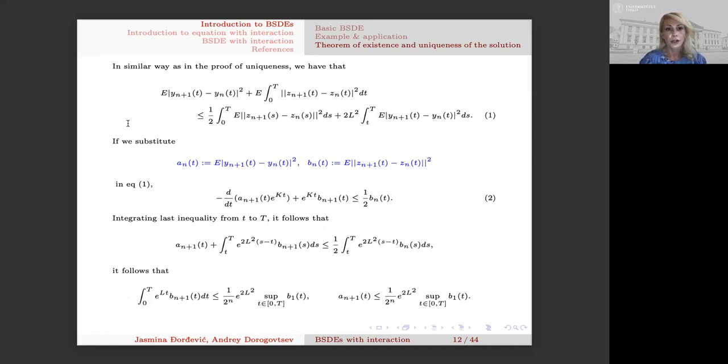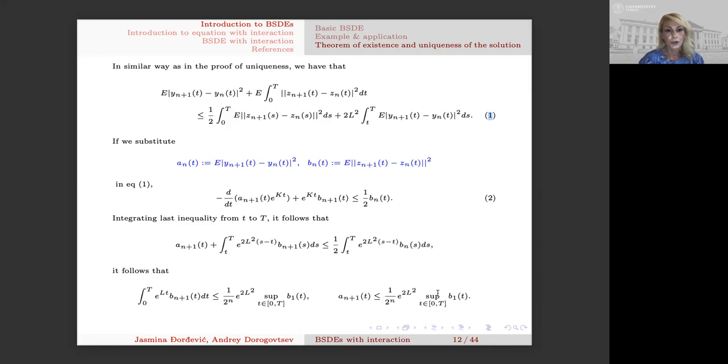After elementary inequalities, we have this inequality 1, where after introducing the notation that An is actually the expectation with respect to the difference of state processes, and Bn the expectation of the difference of control processes, we can simplify inequality 1 to the form 2. Its integral form is given in the next line, where each of the members on the left side can be bounded with the term on the right, where after iterating it n times, we have that the inequalities in the last line hold.